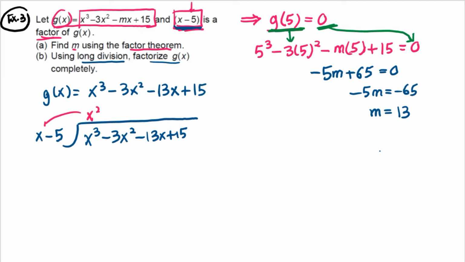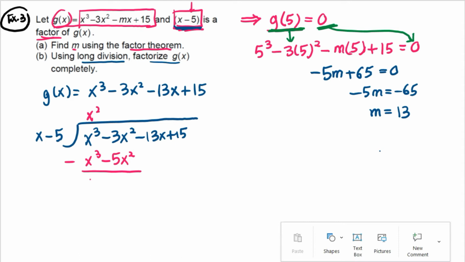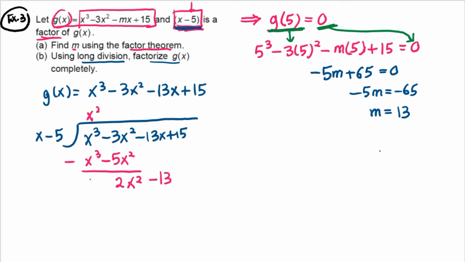Then you multiply back: x to the power of 3 minus 5x squared. Simplify this by subtracting. You have 0 here, and negative 3x squared plus 5x squared gives a positive 2x squared. Now I bring this down, I have negative 13x. Now I have positive 15.